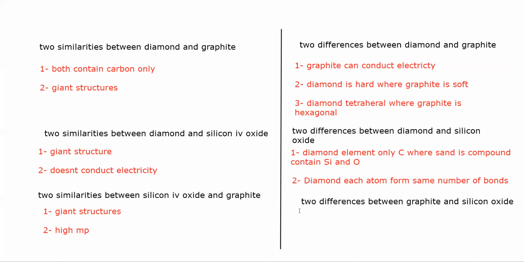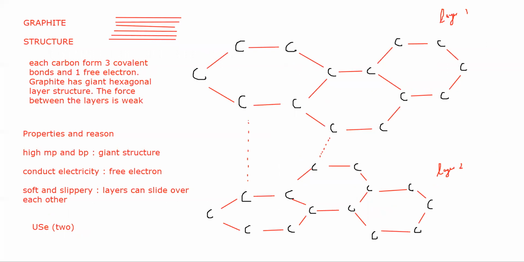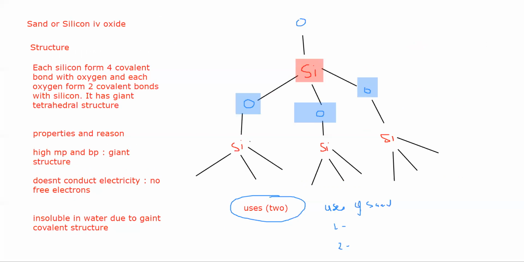What are the differences between silicon 4 oxide and graphite? So this is graphite, the other one is silicon 4 oxide.